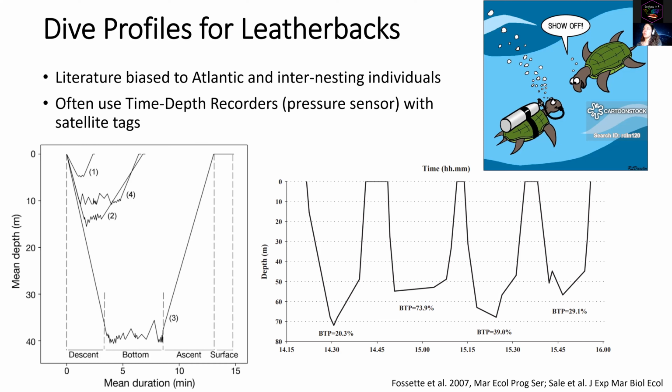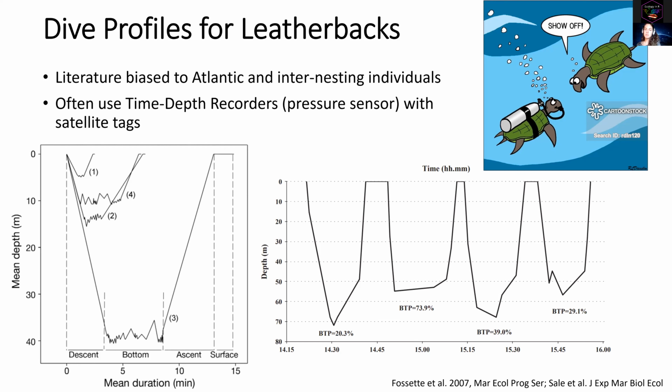And then you will also, if you attach a time depth recorder, which is essentially a pressure sensor, that pressure sensor is going to record depth whenever they dive, and it will usually take a handful of points during that dive so that you essentially can sketch a profile of the dive over time.